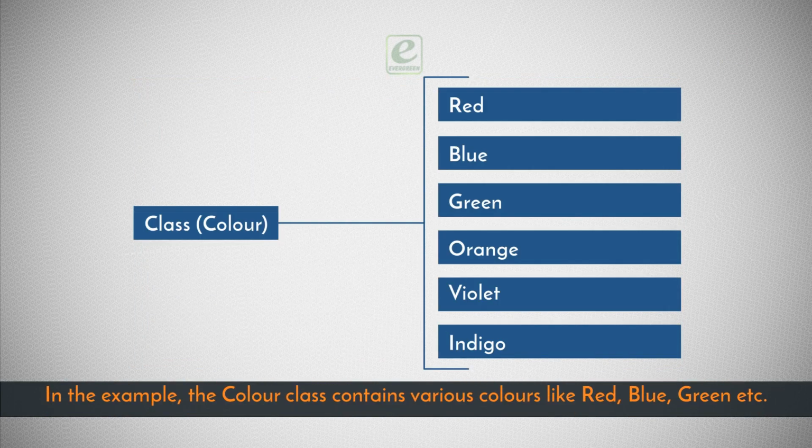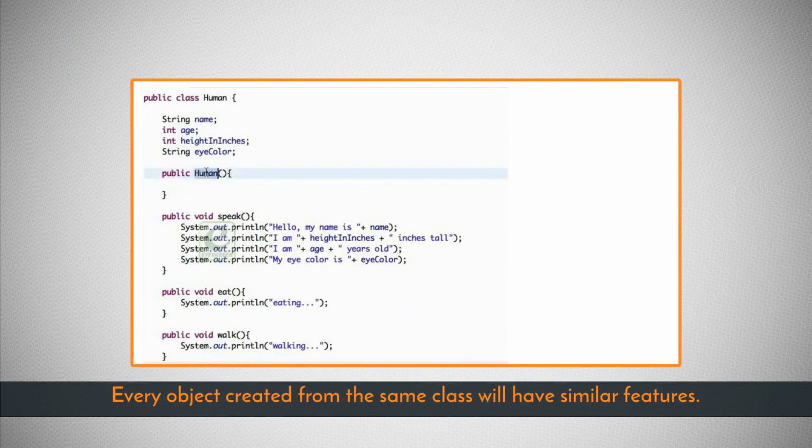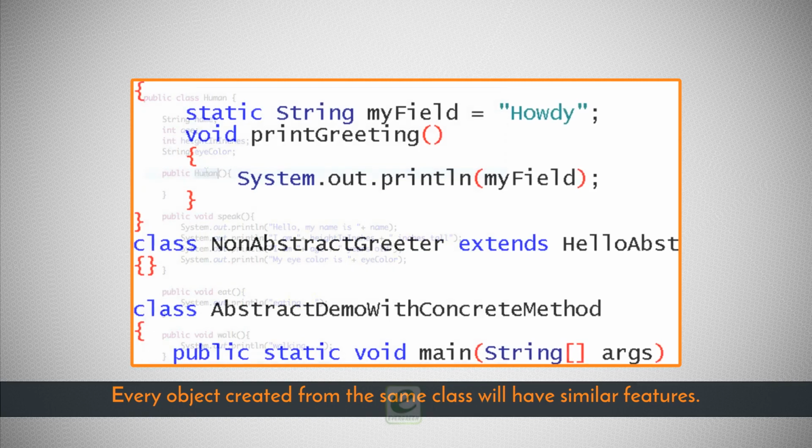In this example, the color class contains various colors like red, blue, green, etc. The colors are distinct, but they belong to the color class. Every object created from the same class will have similar features.